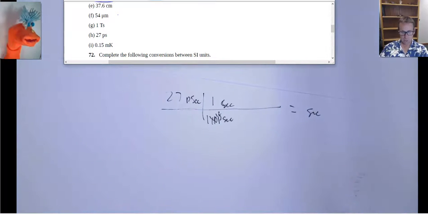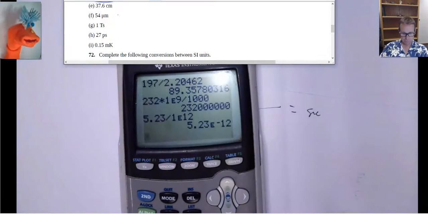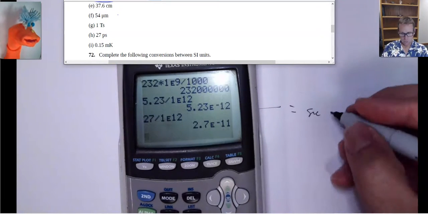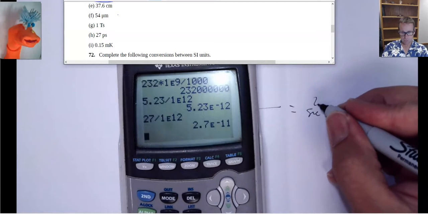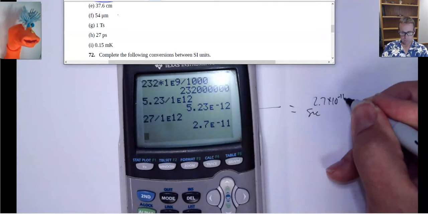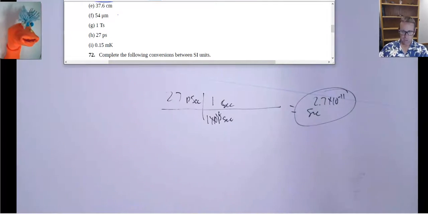So 27 divided by 1 times 10 to the 12 is 2.7 times 10 to the minus 11. Already given to us in scientific notation.